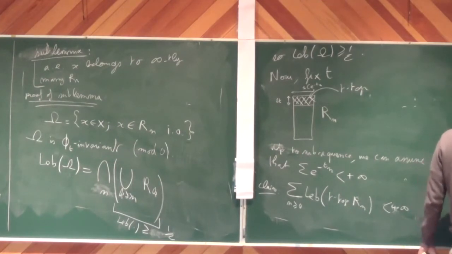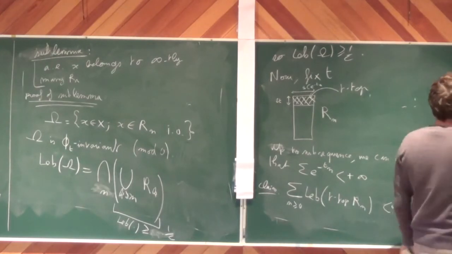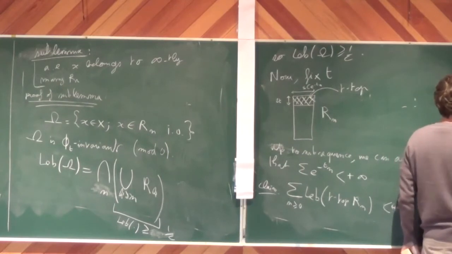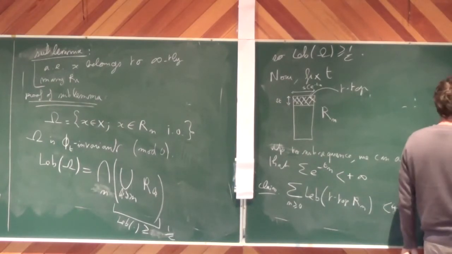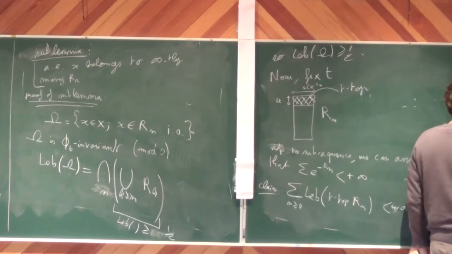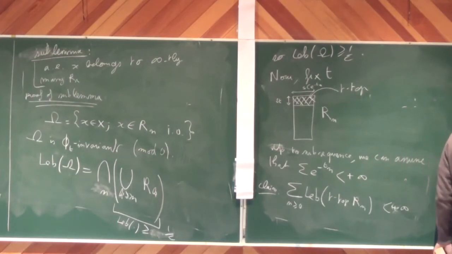How should I write it? x belongs to the t bottom of Rn infinitely often. This has full measure in omega, and its image under phi t belongs to omega.